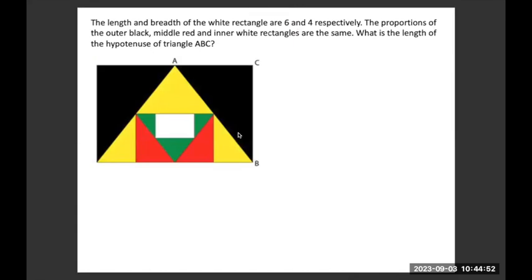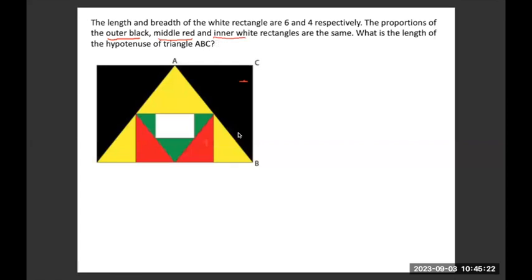This I have solved earlier, but I still got it as a doubt question, so I'm just solving it here directly. If you want, you can solve it in your own sketchbooks also. So here what you are given is the outer black rectangle, the middle red rectangle, and the inner white rectangles, which are proportionately the same.